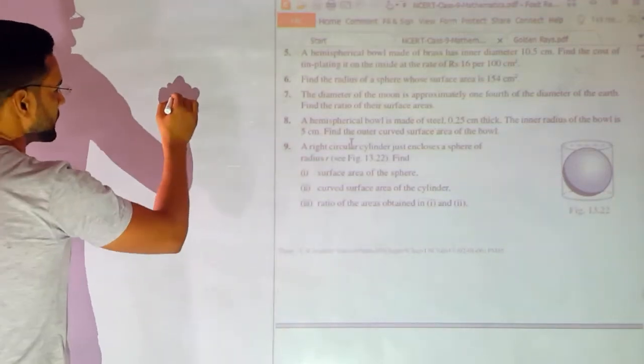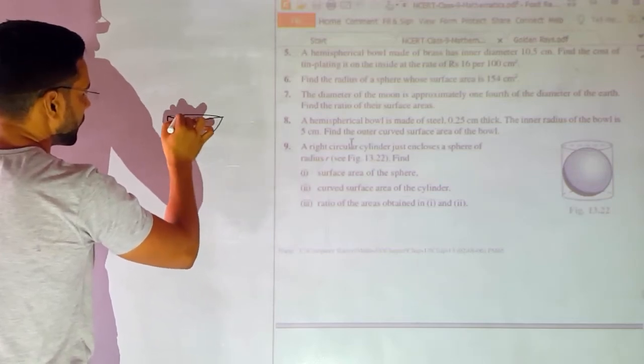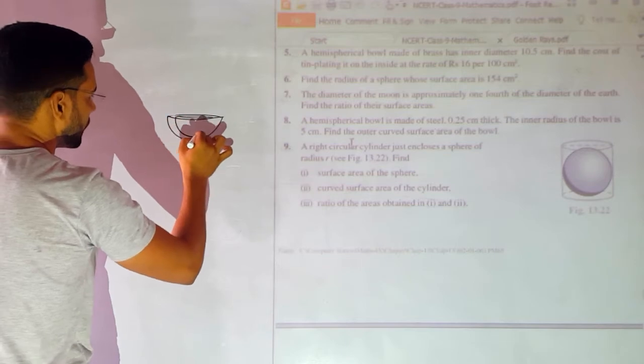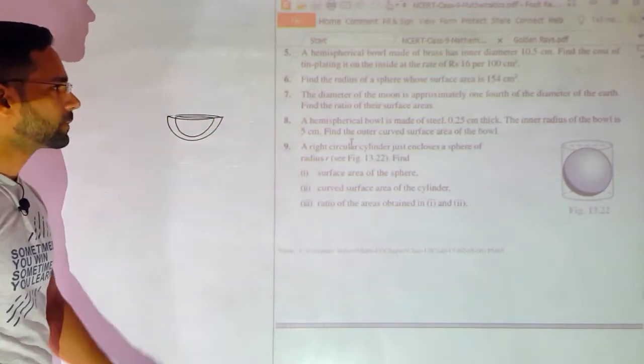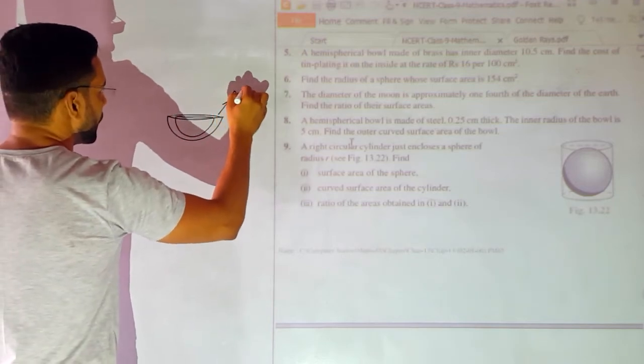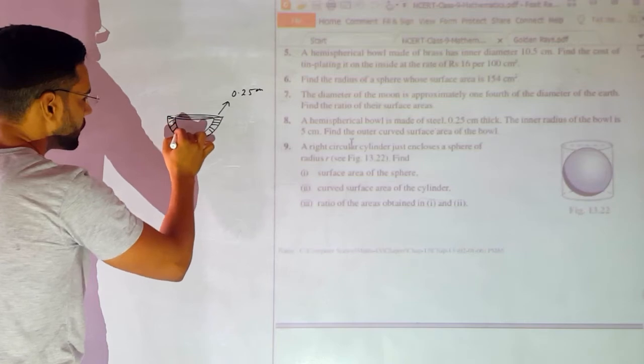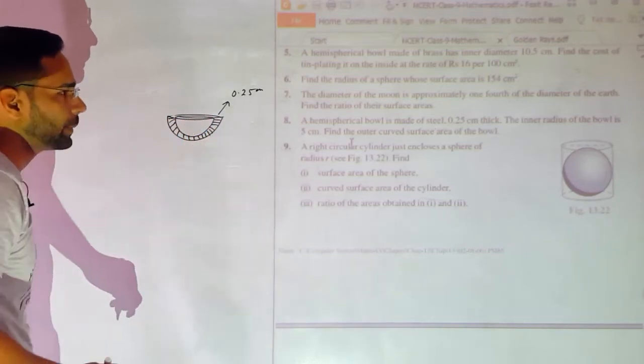A hemispherical ball is made of steel of 0.25 centimeter thickness.